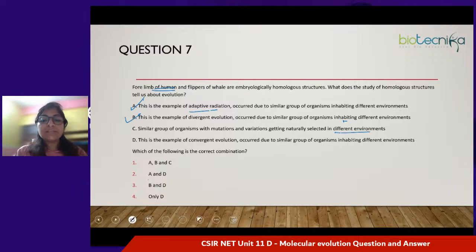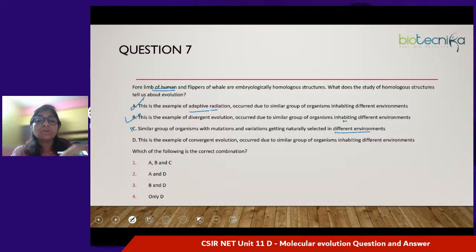Now, that is also true. Okay, because the selection pressure of different environments are different, so these modifications in the similar structure have happened because of different selection pressure. Okay, so statement B is also correct.